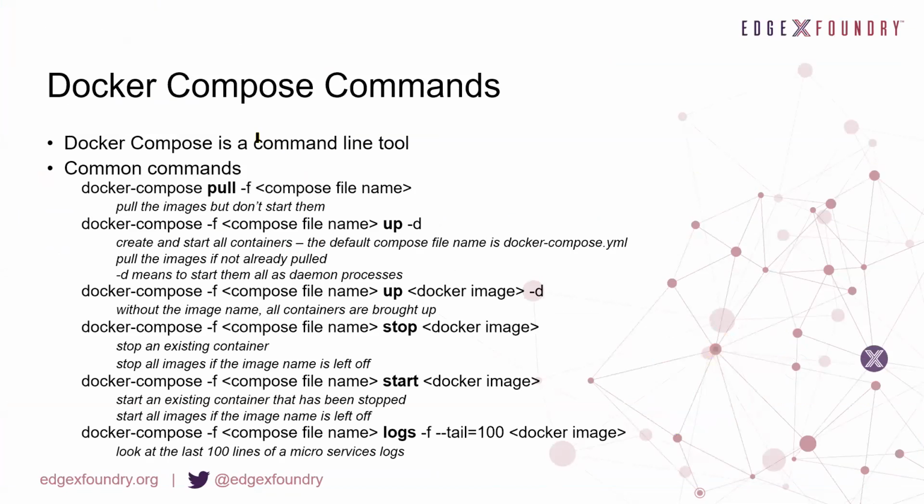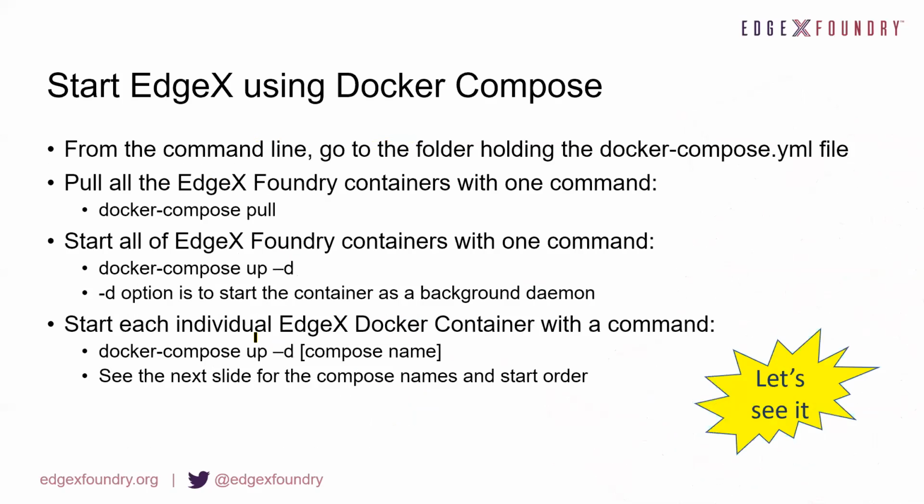Well, there are a series of commands that run Docker Compose in a command line tool fashion that pull, or if you will, download EdgeX, ones to run EdgeX, what we call up, and then additionally commands to stop EdgeX if you need to stop it, or to restart it if it's already been pulled but you need to restart it after you've stopped it, and even means to do a little bit of debugging. So things like logging to get back the logs from any one of our microservices.